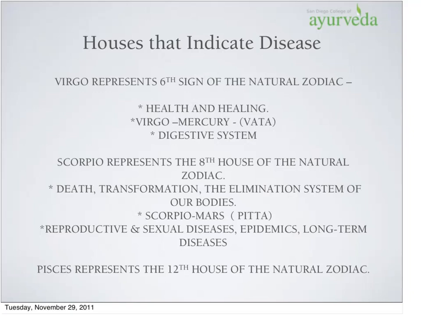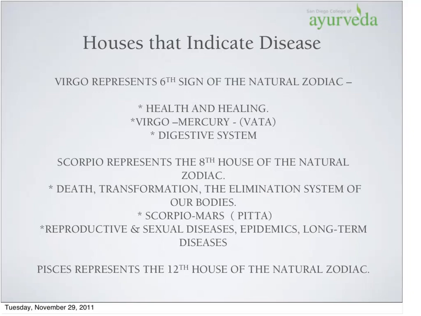Scorpio, again, ruled by Mars, is Pitta in nature. It's ruling over the reproductive parts of our body. The sign of Scorpio deals with sexual diseases, epidemics, and actually long-term illnesses. So the eighth house is involved in chronic disease or illnesses.